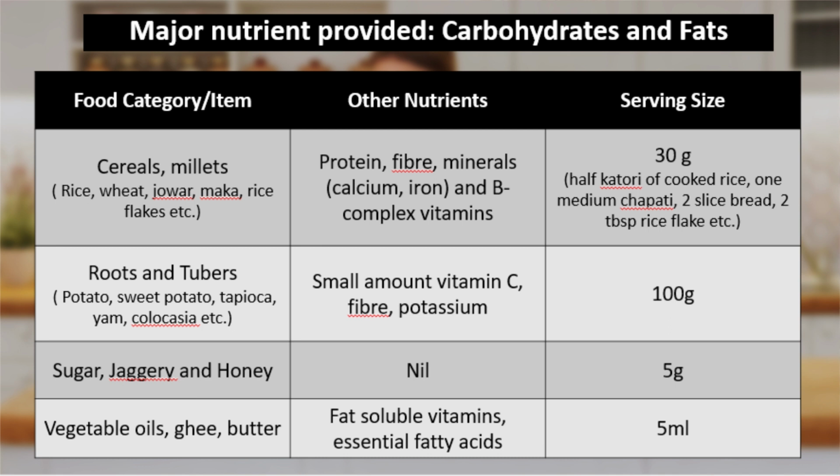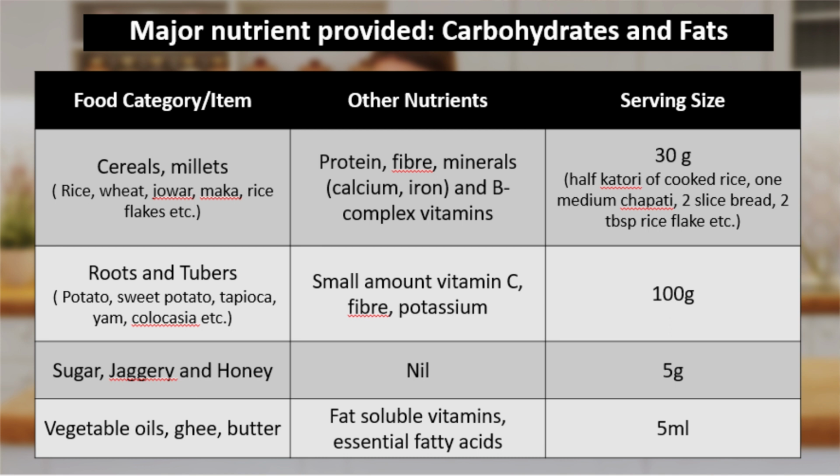Sugar, jaggery, honey also provide us carbohydrates. And 5 grams, or 1 teaspoon, is taken as one serving size.